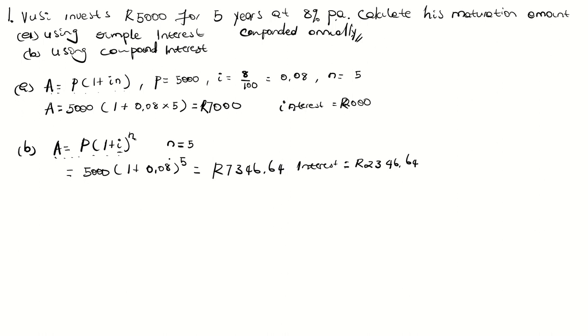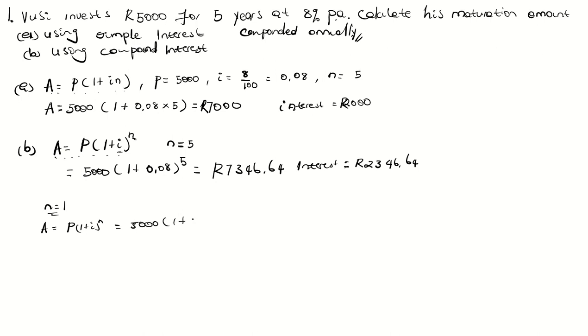So in the compound interest scenario, what actually happens is that when we do the first year, let's do compound interest and do n is equal to 1, then we would have A is P(1 plus I) to the n, where n is equal to 1. So what we would have is 5,000 Rand.